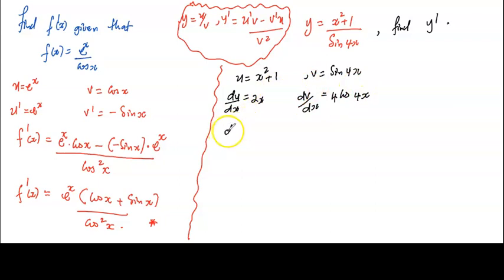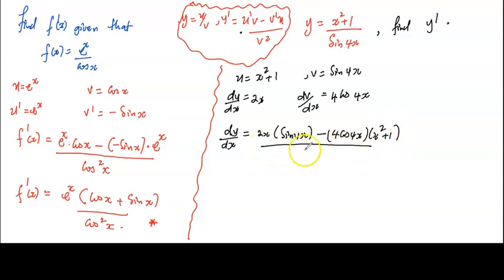Then we have dy dx equal to, following the formula, the derivative of u, which is 2x, times v, which is sine of 4x, minus the derivative of v, 4 cos of 4x, multiplied by u, which is x squared plus 1, all of it over v squared, sine of 4x squared.